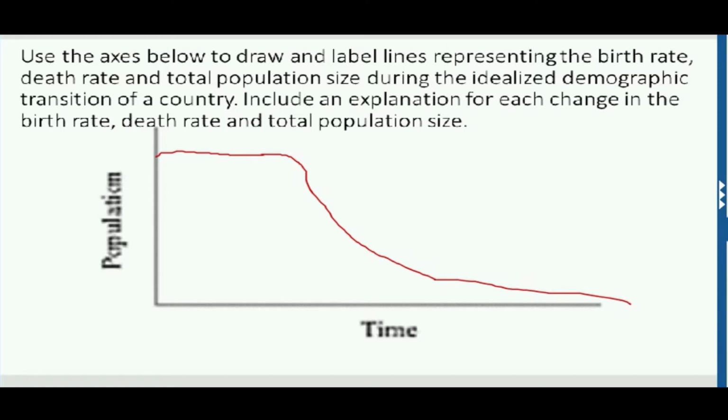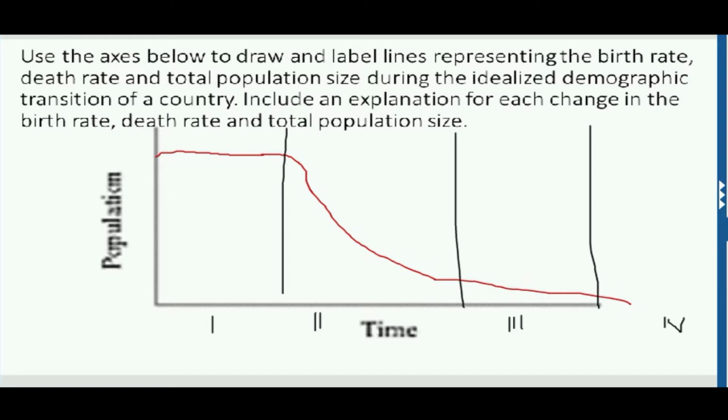And let me draw the kind of sections of the demographic transition. You know, we have like phase 1, we have phase 2, 3, and then there's 4. So we'll call this 1. I like to write it like this. And 4.